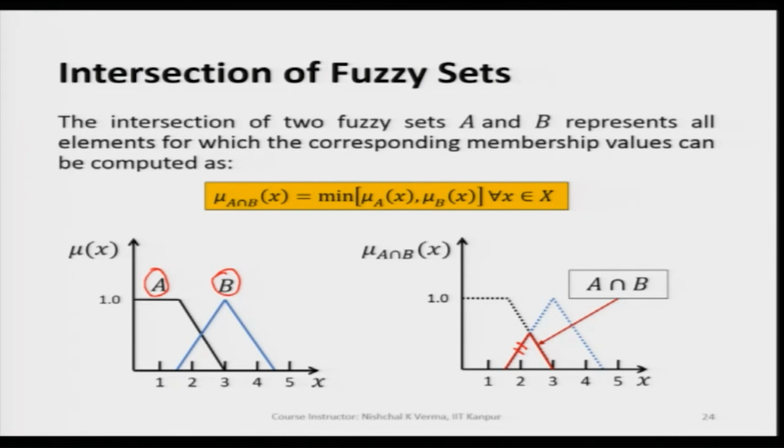This is the outcome of the intersection of two continuous fuzzy sets.